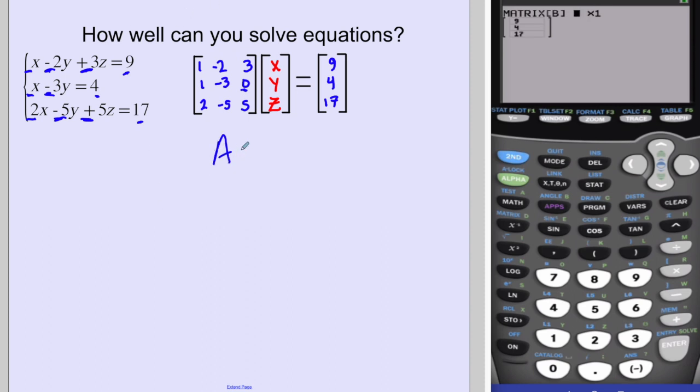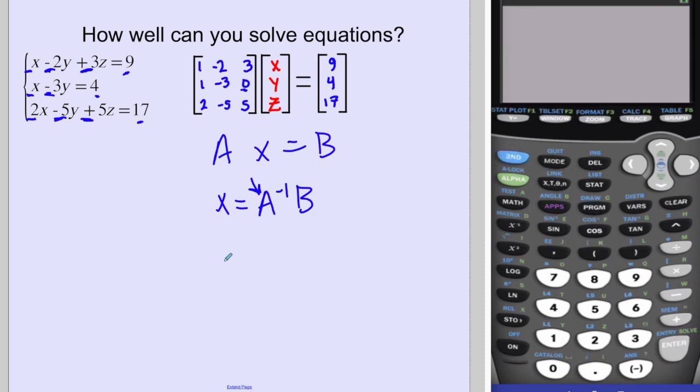What we have here is AX equals B. What we want to get is X equals A inverse B. So luckily, if we do this in our calculator, the calculator will do this part for us.